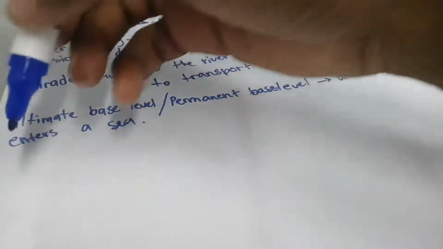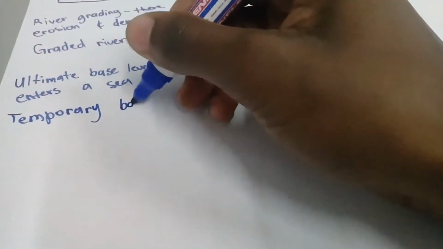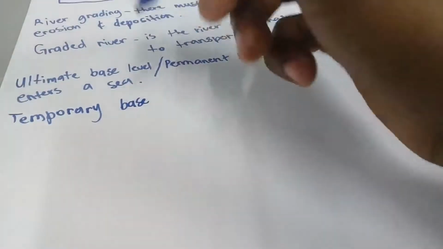Okay, and now let's talk about the temporal base level. These are the important concepts, guys. They will come out, you must know them. Temporary base level. This is temporal, this is not natural.